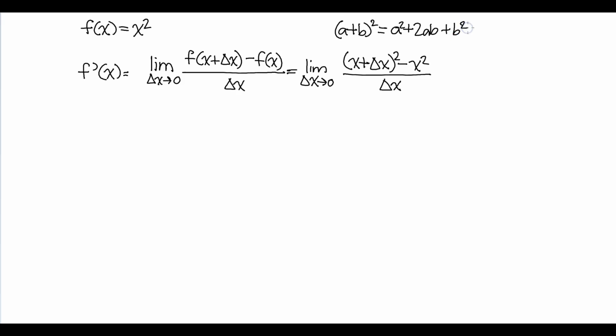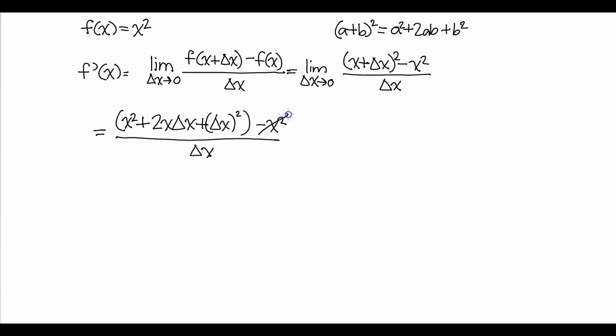So let's apply that same formula to the top. That gives us x squared plus 2x delta x plus delta x squared minus x squared, all that over delta x.